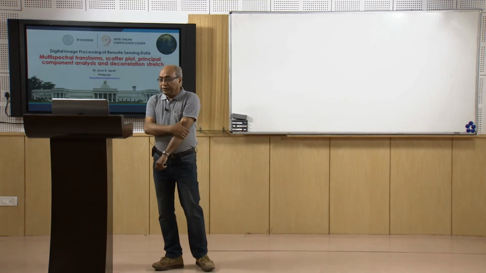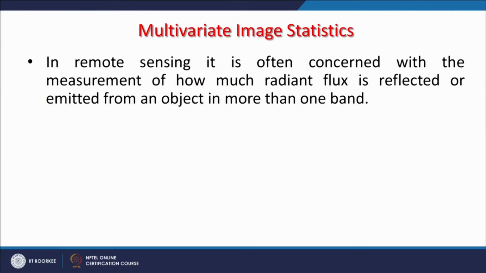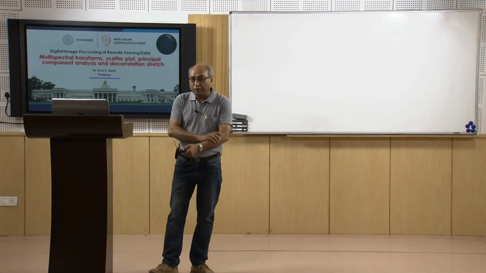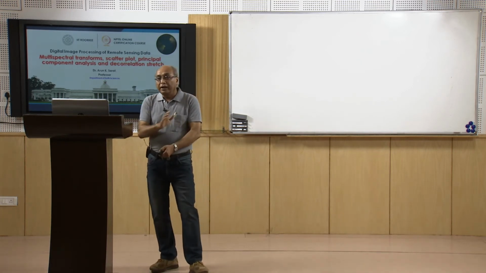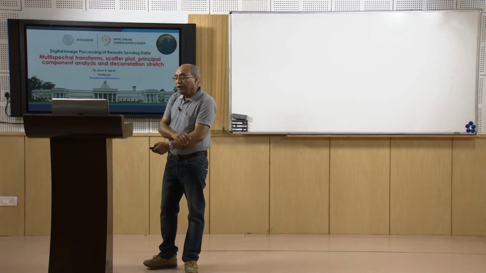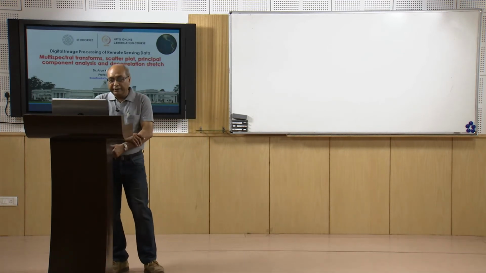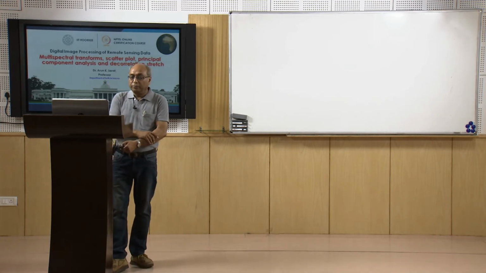It is often concerned with the measurement of how much radiant flux is reflected, or emitted in case of thermal infrared, from an object in more than one band, because this is not a single band analysis where a histogram is more than sufficient and stretching options are also simple. But when we go for multi-band or multivariate analysis, things become a little complicated.